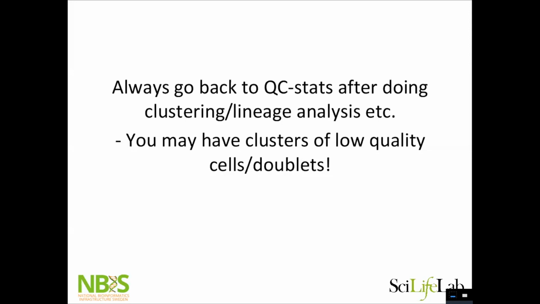Because I think that really helps to understand what the clustering is. Because Jules showed you that you can get clustering of the cell population just by random. And you can for sure get clustering due to the number of detected genes, or how much mitochondria or MALAT1 you have in your sample or something. So you will get technical bias in your data due to library quality that might drive clustering.